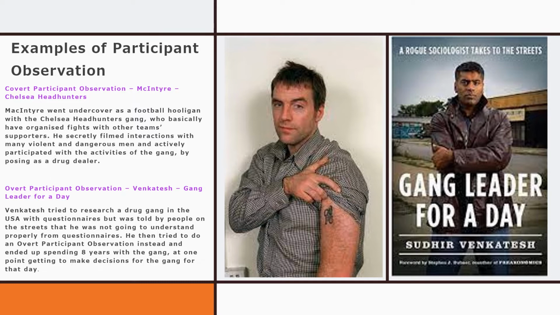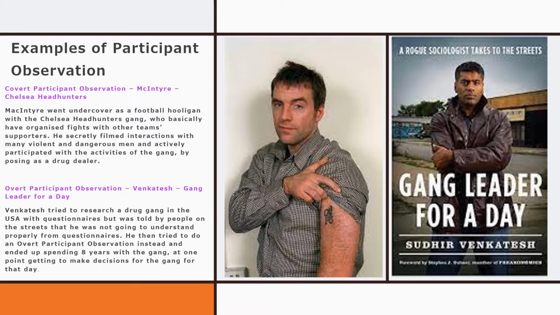So the first guy I want you to be aware of is a guy called Donald McIntyre. He did a covert participant observation. They didn't know he was a researcher. Okay, and he was interested in football hooliganism. So he joined what was called the Chelsea Headhunters, which is the kind of Chelsea fan support gang, essentially, the football hooligans who are interested in essentially violence and fighting with the other football teams.